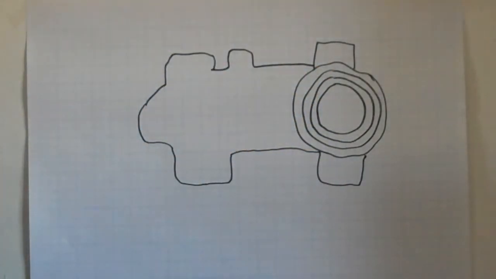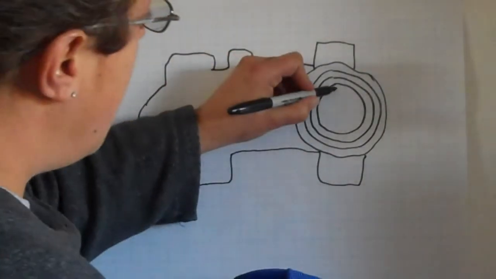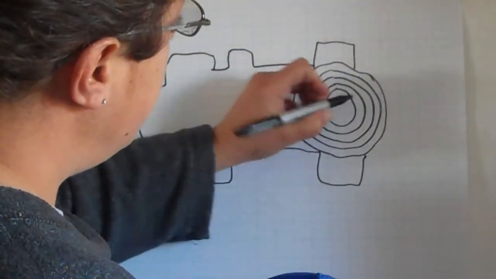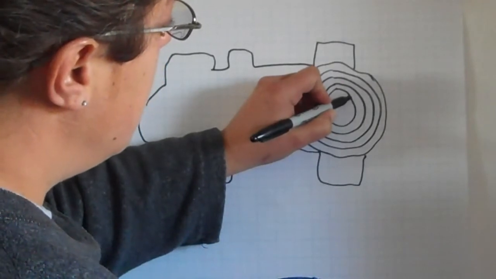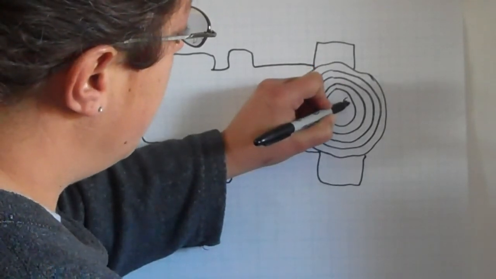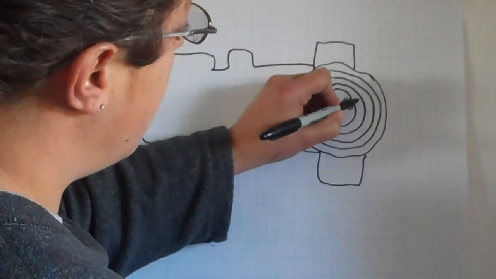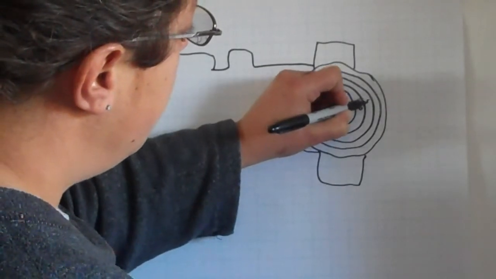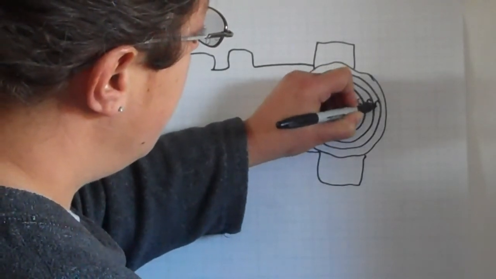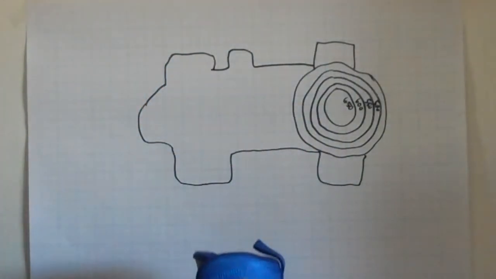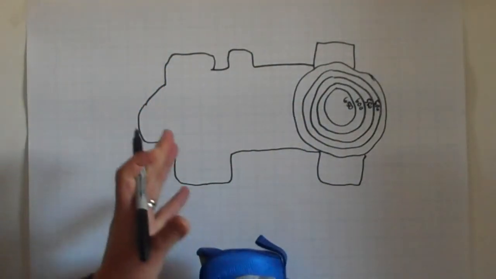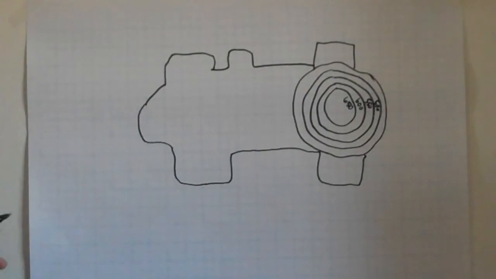I already know that the top of my roller skate is quite high. It's at 650. So I'm going to make this middle contour line worth 650 and work backwards. So 600, 550, 500, okay? And that's going to show how it went up in this area.